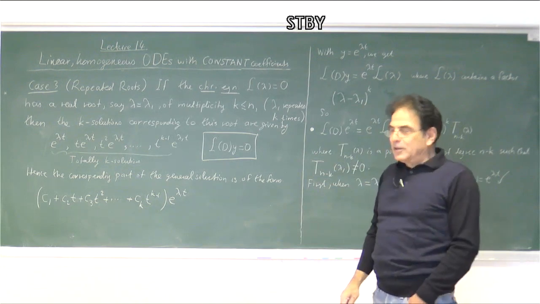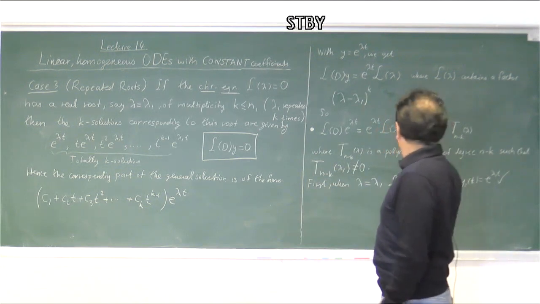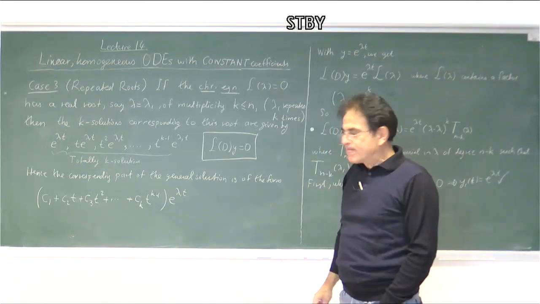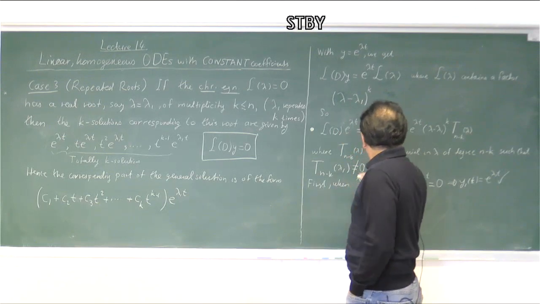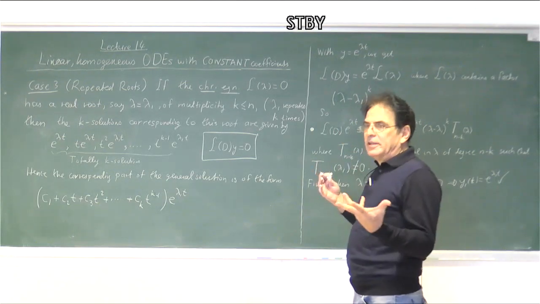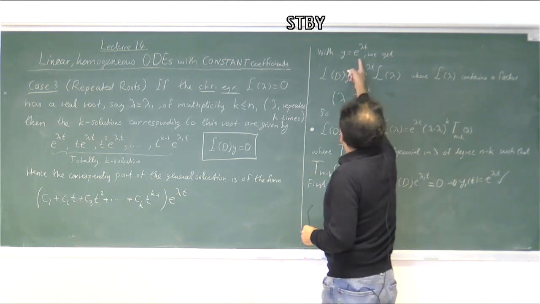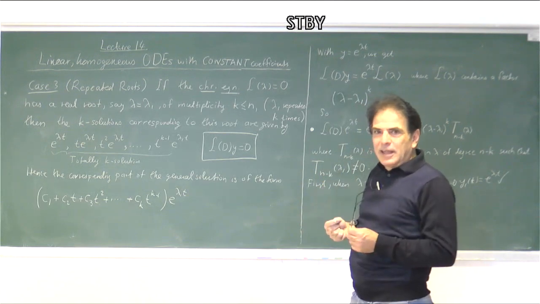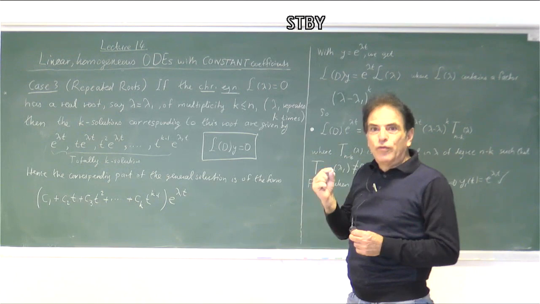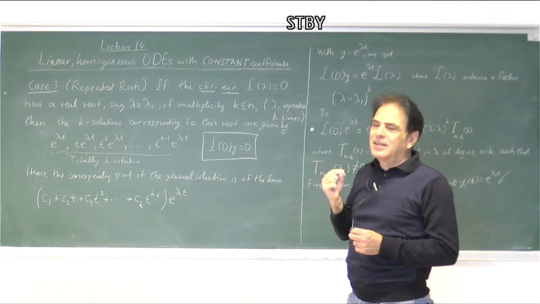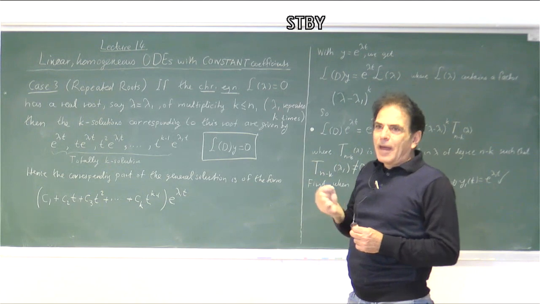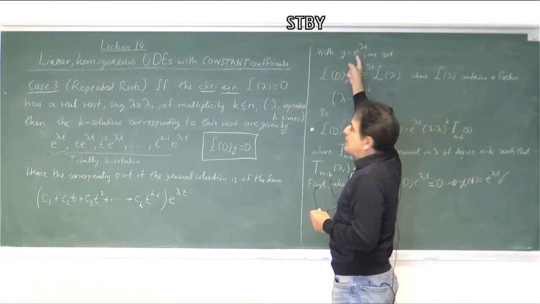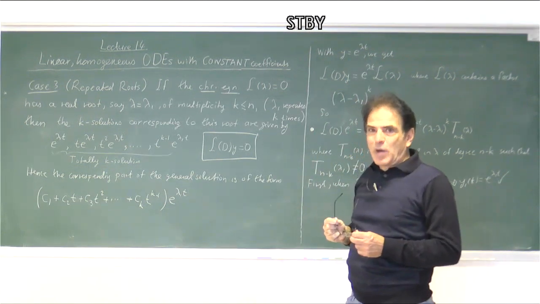Second, now look, I'm going to use the following technique here. Lambda is a parameter. So the proposed solution e to power lambda t, okay, may be regarded as a function of two variables in lambda and t. And therefore, I can take the partial derivative of this function with respect to lambda as well.